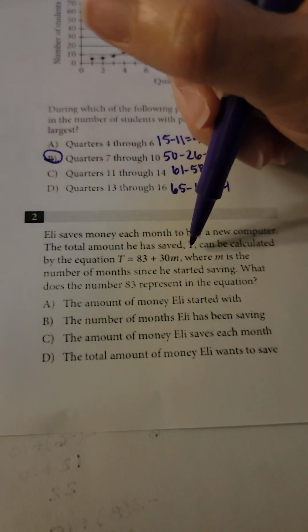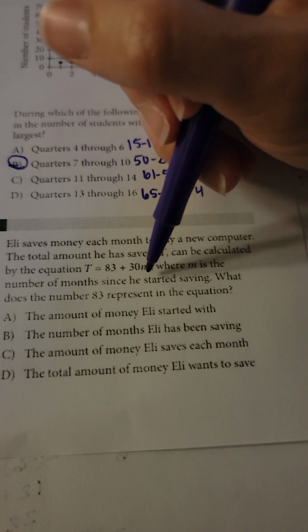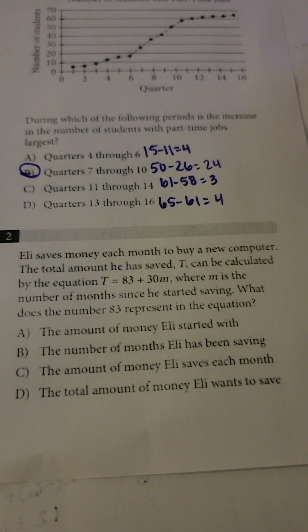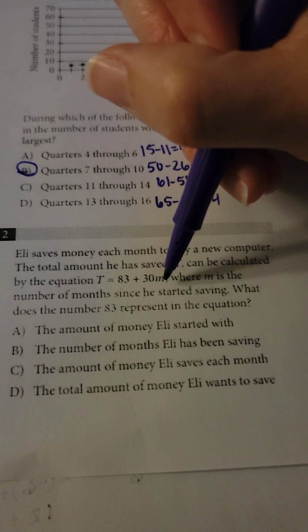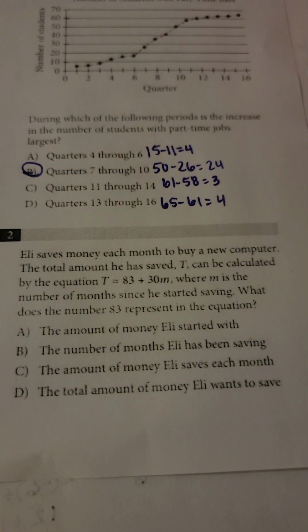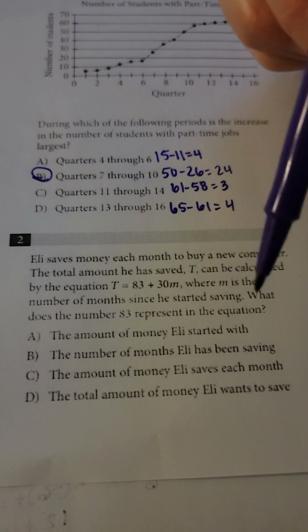So it's saying T is the amount he saved. It's the total. M is the months. So if I want to figure out how much money I have saved, I take 30 times the number of months and I add 83 to it. What could 83 be? So read the choices. The amount he started with.